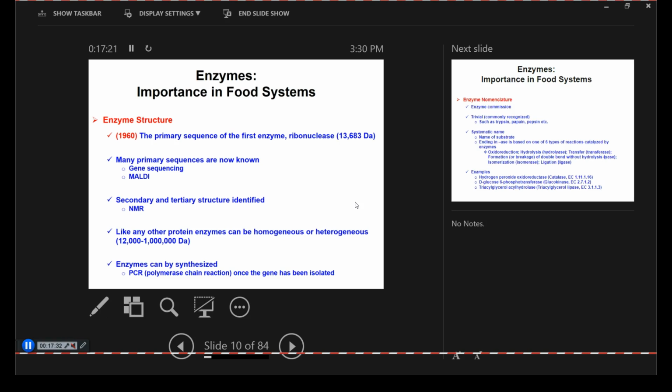They found that some enzymes are homogeneous or heterogeneous, meaning either made up of amino acids only or other components. And also, enzymes can be synthesized using PCR once we know the gene that codes the amino acid sequence of those proteins.